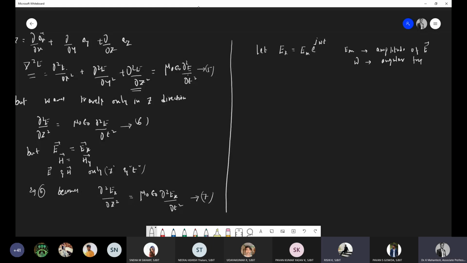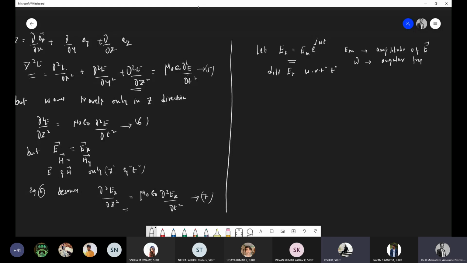So in order to satisfy this equation 7, I'll partially differentiate this equation twice with respect to t. I'll be differentiating Ex with respect to t before I substitute into equation 7.